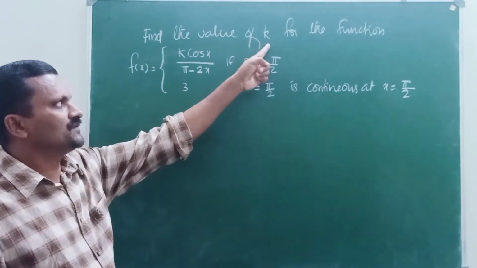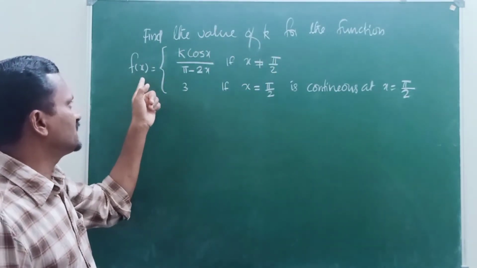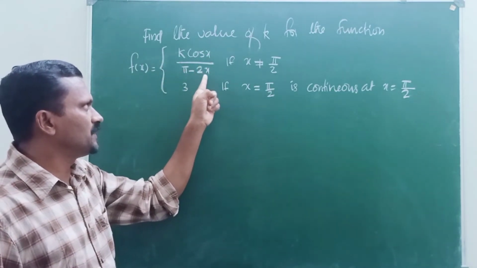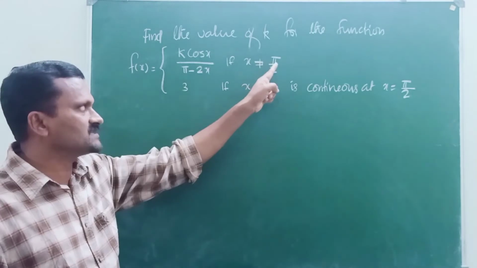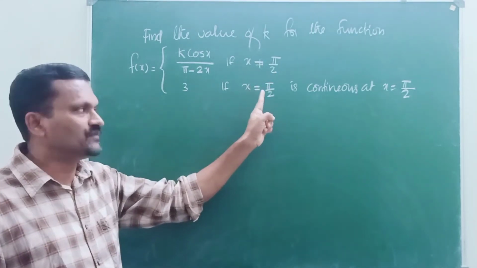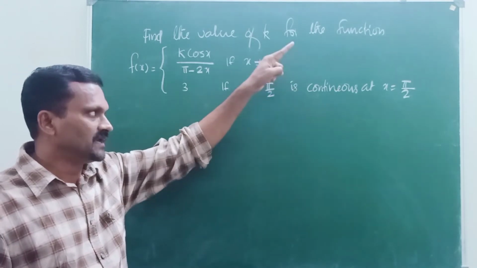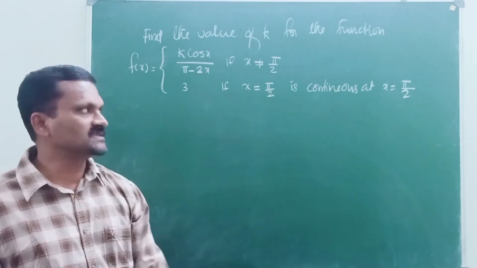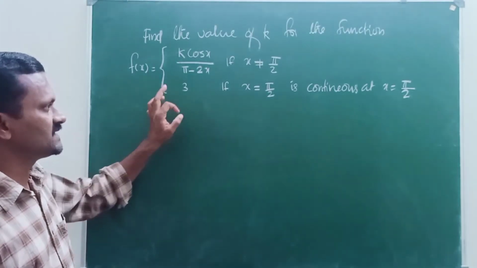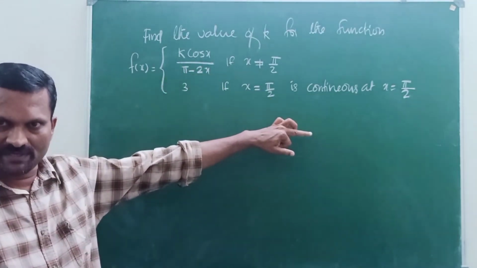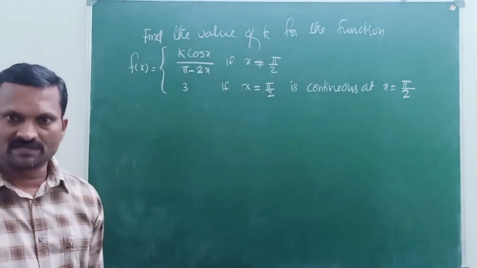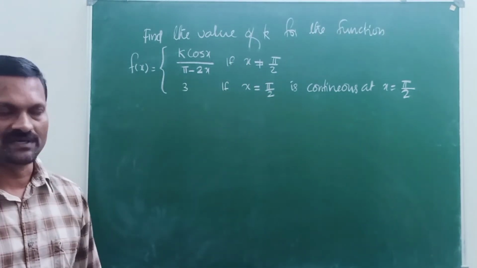Find the value of k for which the function f of x equal to k cos x by pi minus 2x if x not equal to pi by 2, and equal to 3 if x equal to pi by 2, is continuous at x equal to pi by 2. Since the function is continuous at pi by 2, then left limit equal to right limit equal to f of pi by 2.